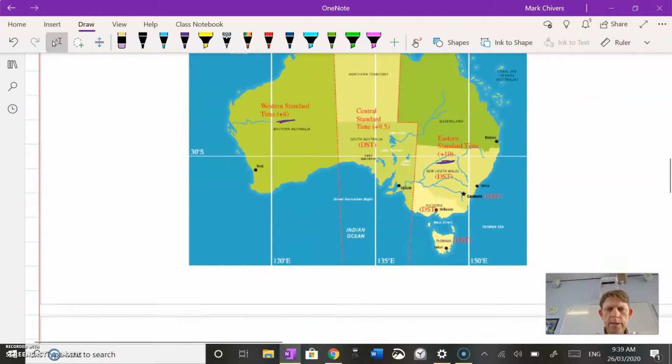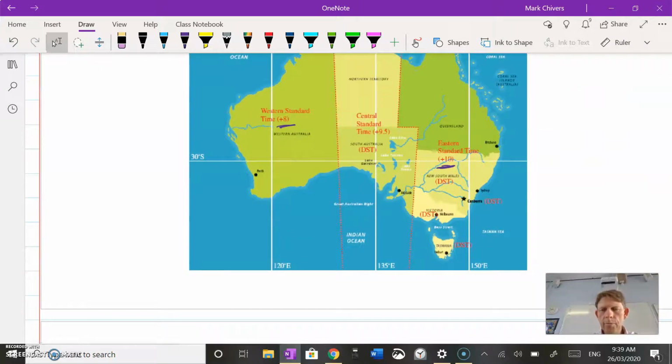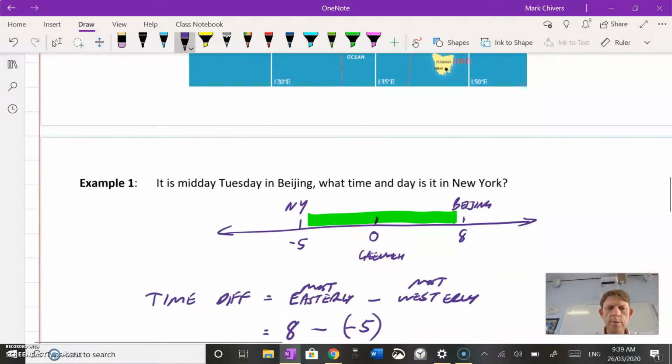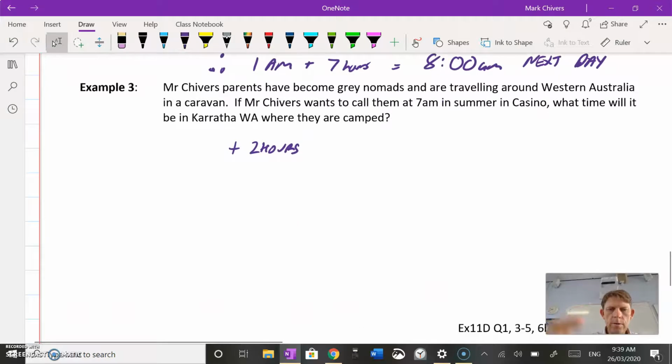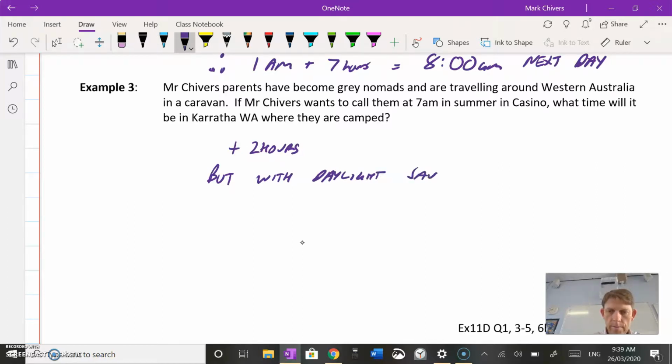But at this particular point in time, we're talking about summer, so daylight savings would apply in New South Wales where I am, but it doesn't apply in Western Australia where they are. So I need to allow for that. So, with daylight savings, it's going to be 3 hours.